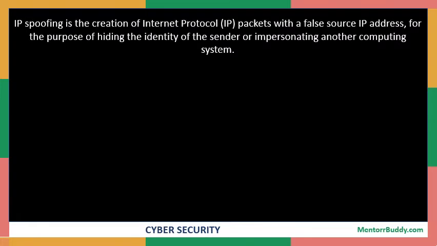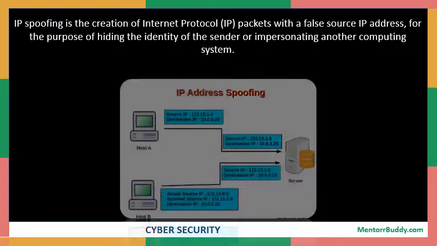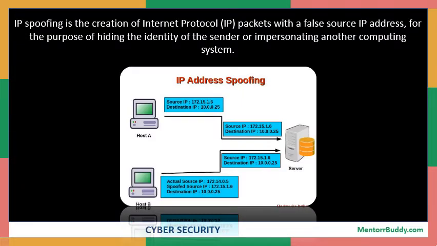So IP spoofing is the creation of IP packets with a false IP address. The purpose of IP spoofing is just to hide the identity of the sender by impersonating another computer system or using another's IP. So let's take an example. For example, you want to contact your server.